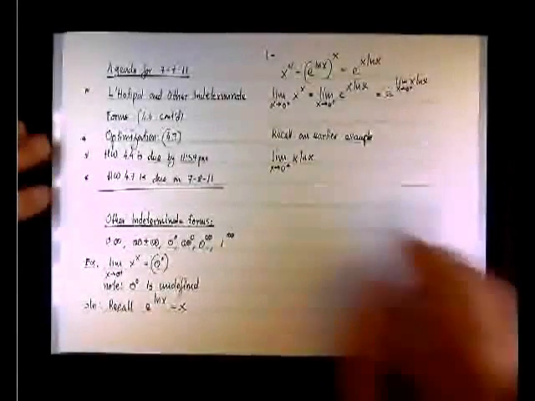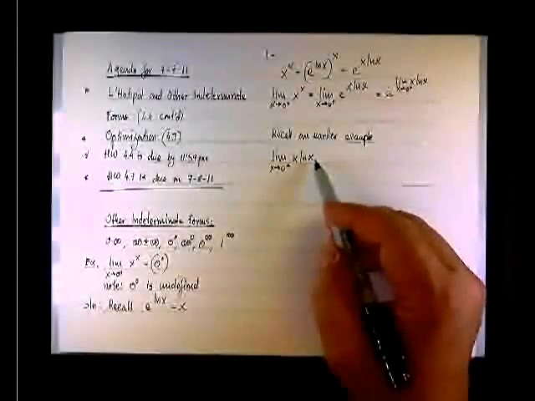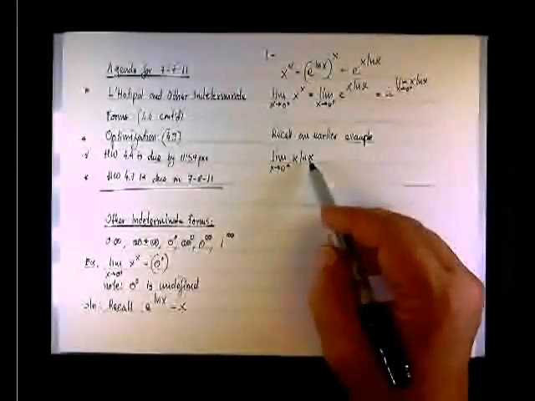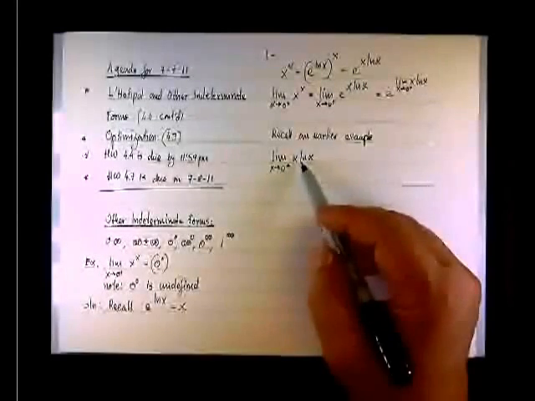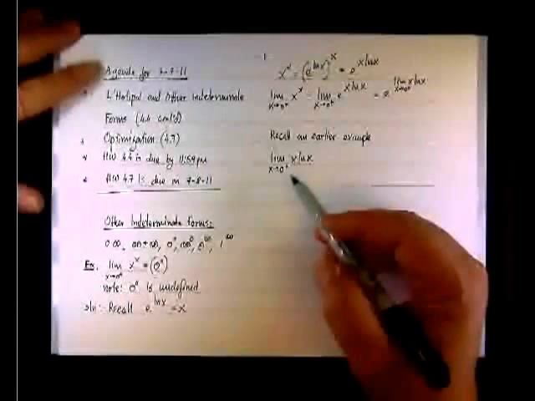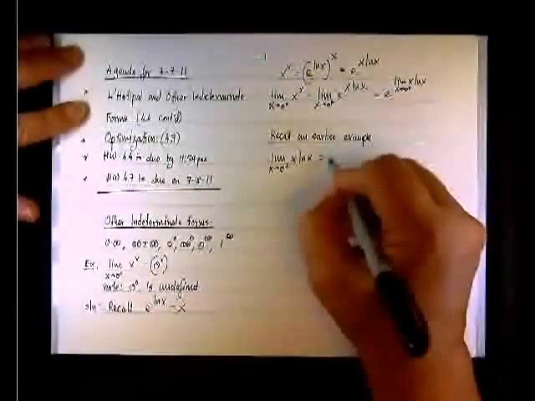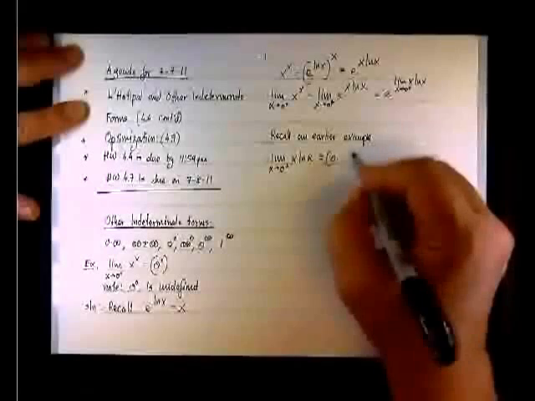And we said the following. Right now, it's 0 times infinity, right? The natural log of 0 plus is negative infinity, and of course x goes to 0. So it's an undefined form of the format 0 times negative infinity.